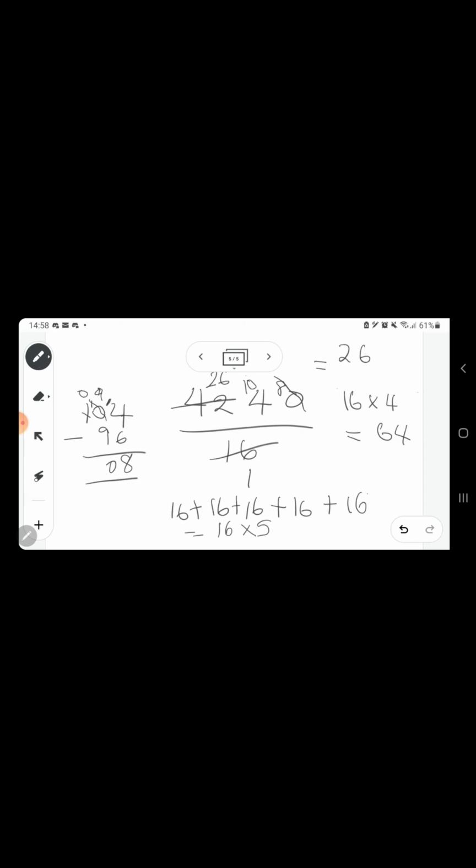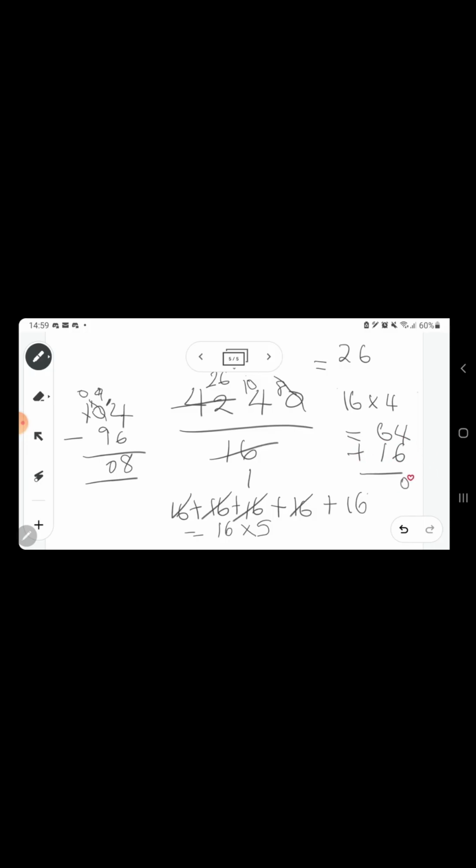Because I know that now I've done this and that, I'm left with 1. I can't go further because I know it's going to go over. So I can easily say to myself, let me just try to add it. Let me see if it's going to get me to 80. So let's go. And then I'm going to add 16.